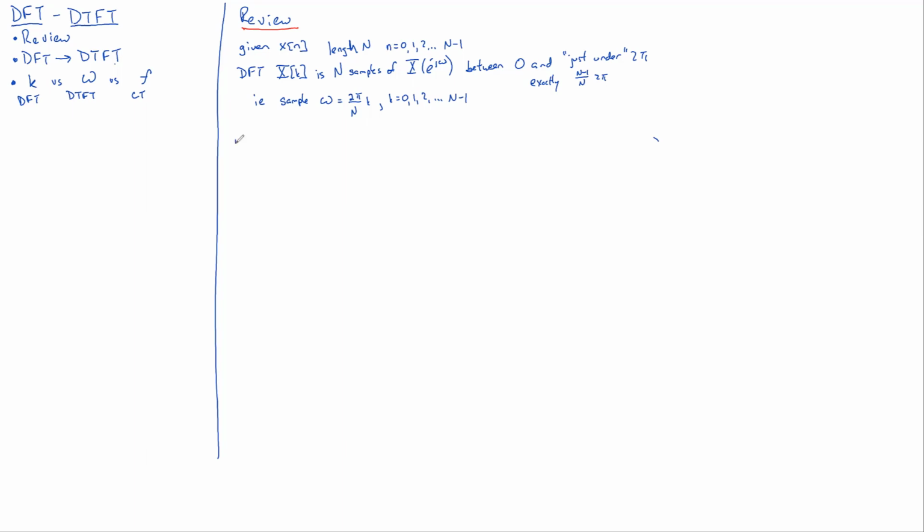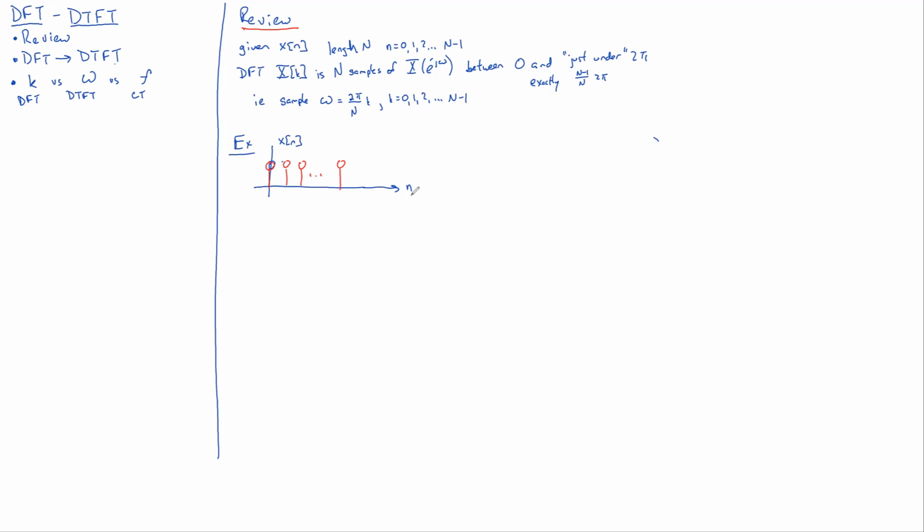So let me give an example that'll show how this works and show how this seemingly simple concept actually gets very complicated in a hurry. So here's a simple signal in the time domain, and we call this a pulse.